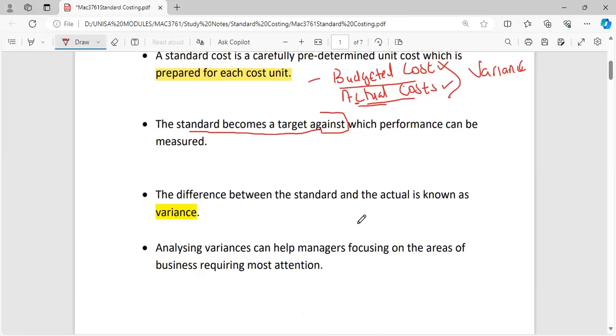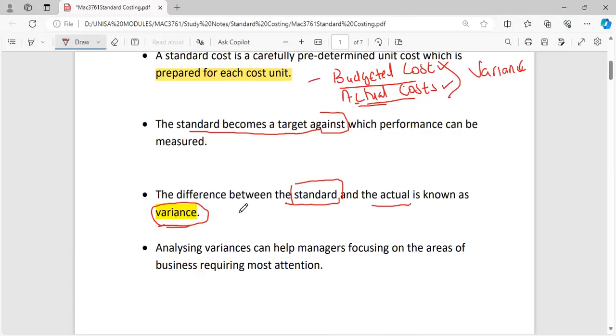Right, then here they say the difference between the standard and the actual is what you call a variance. So in your question, you look at the standard, what was the predetermined rate and what is the actual rate, then the difference is going to be a variance.